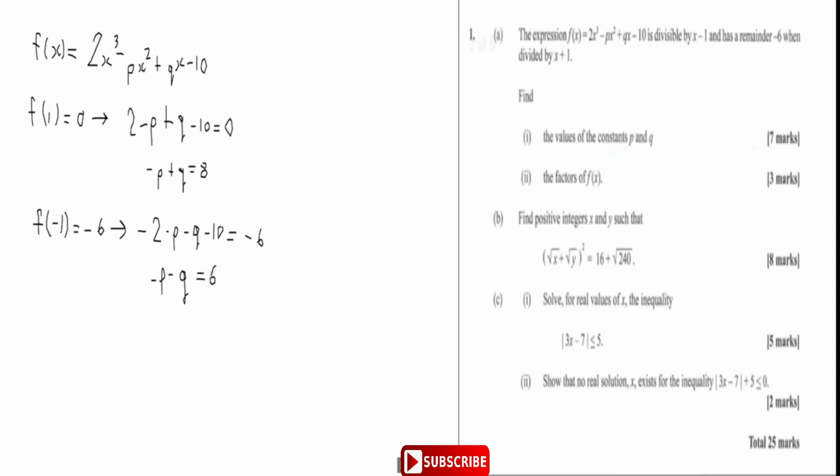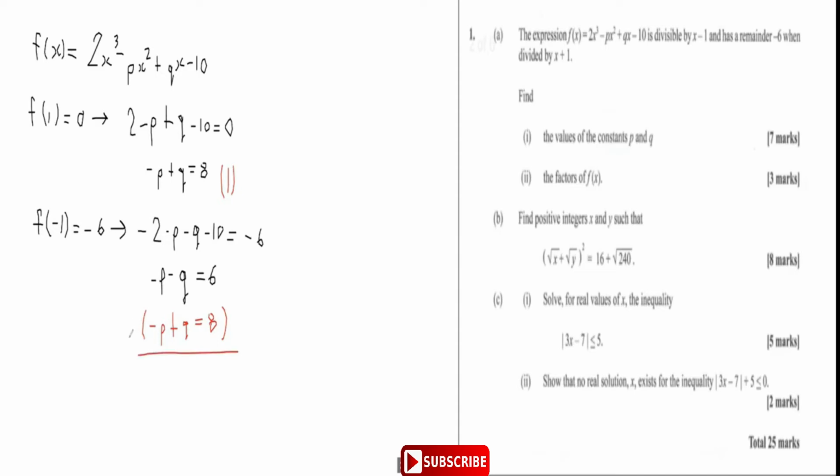All right. So what I'm going to do is group the two equations. I'm going to put the first equation below this second equation here. So we have minus p plus q is equal to 8. Cool. Now, let's say you wanted to add them together. If you add these two equations together, what's going to happen?